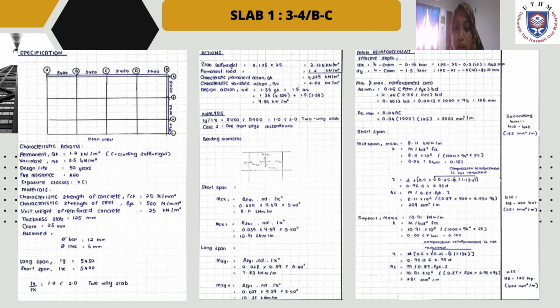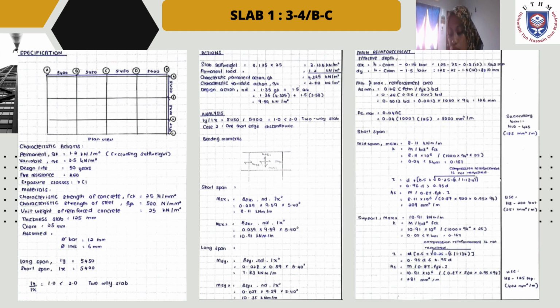Our secondary bar provided is 185 mm cube per m, which is using H10 425. Our short span has two values. For our midspan, our As required is 209 mm cube per m, and our As provided for this midspan is H8 200 at the bottom, with a value of 251 mm cube per m.